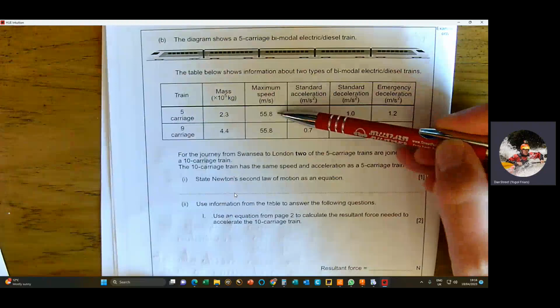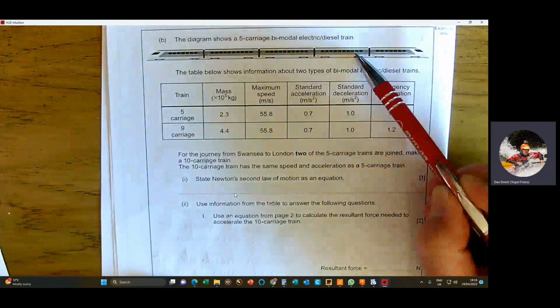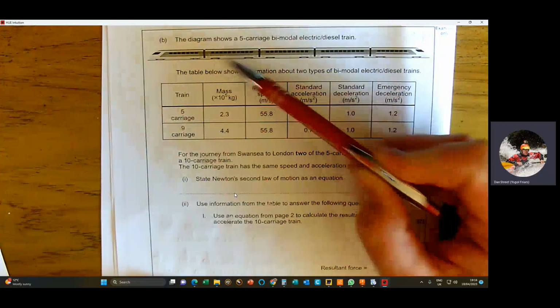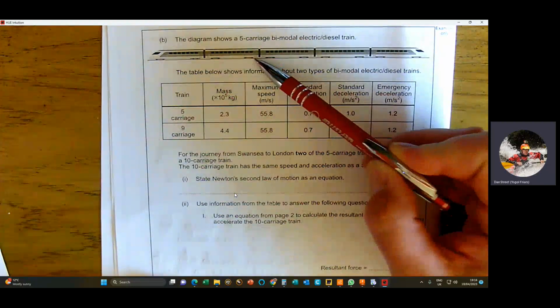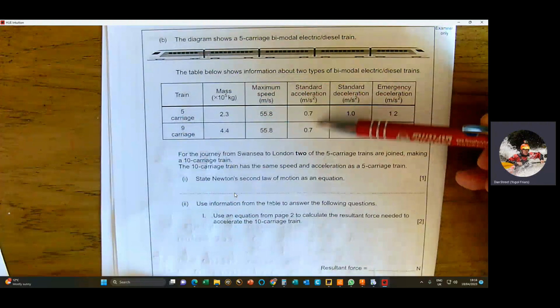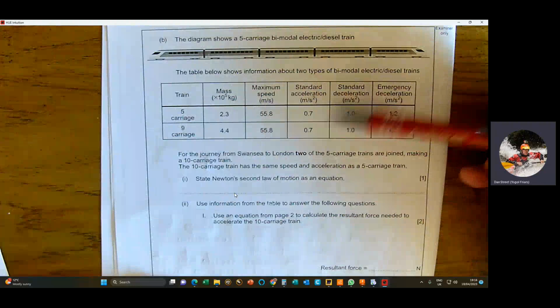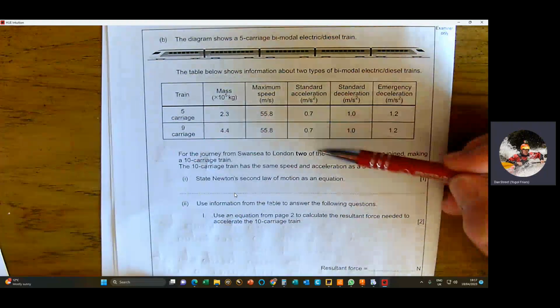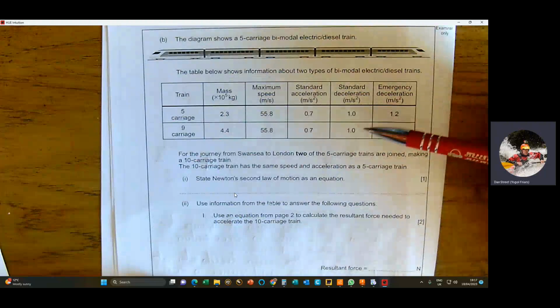The maximum speed is the same because each of these individual train carriages has the motors to push it along and the brakes and all the other bits and pieces. The acceleration is the same, because again, each of the carriages has its own motors and therefore can bring the train up to speed at the same rate.